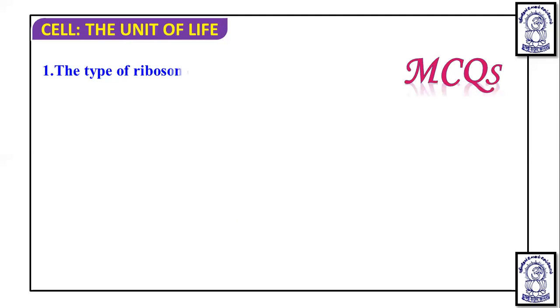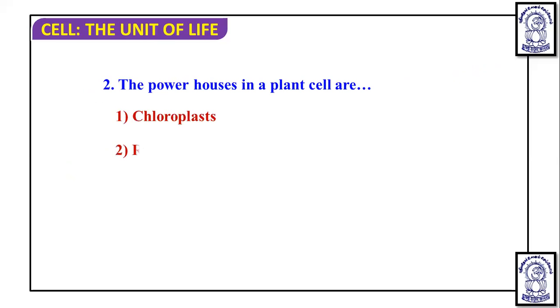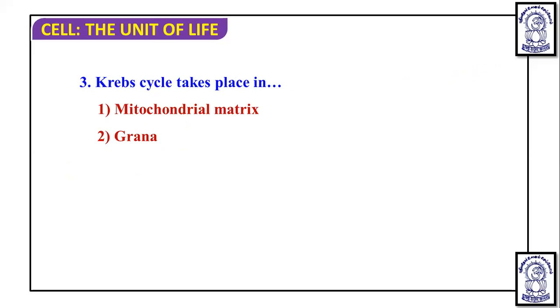So let us discuss a few MCQs. The type of ribosome in mitochondria, as we have studied, is 70S. The powerhouse in plant cells: mitochondria carry out ATP synthesis, so it is the powerhouse of the cell. The Krebs cycle takes place in aerobic respiration, and it is found in the mitochondrial matrix.